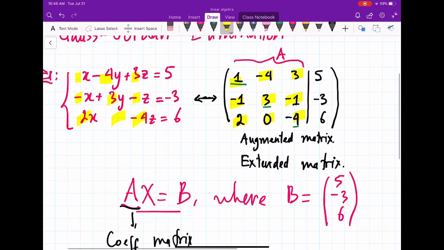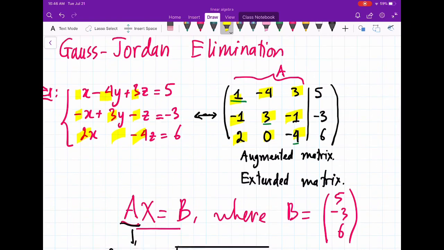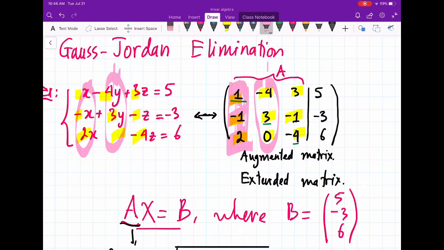Okay? And of course, if you look at A from another point of view, from the column point of view, what is the first column? The first column has all coefficients of the x right here. You see that? So you have 1, negative 1, and 2. The second column contains all coefficients of y. You see this? Negative 4, 3, and 0. And then the last column is 3, negative 1, negative 4.